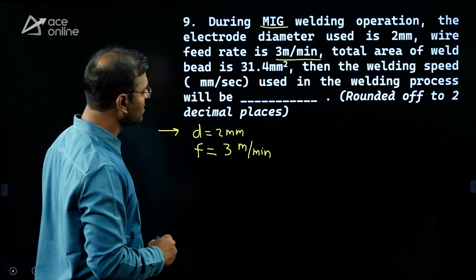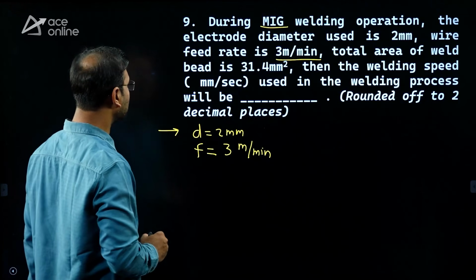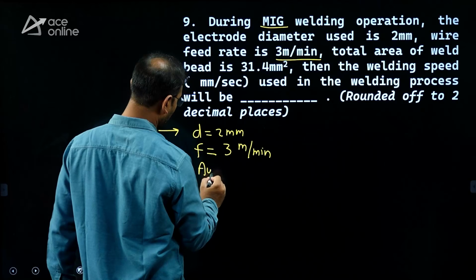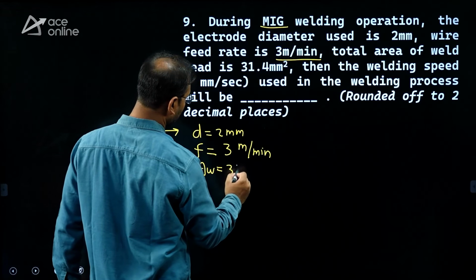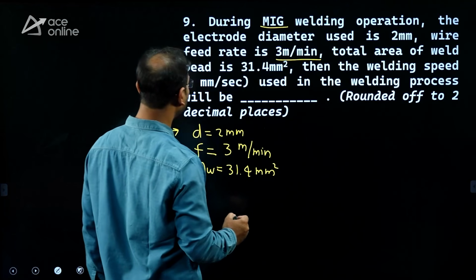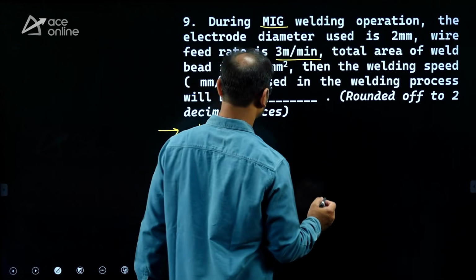Okay. The next, the total area of weld bead is 31.4 millimeter square. Then the welding speed used in the welding process.